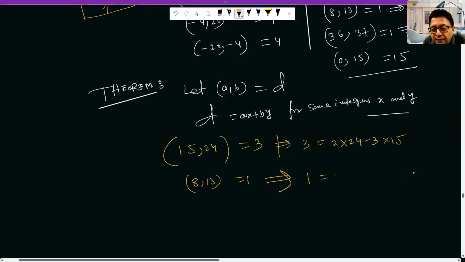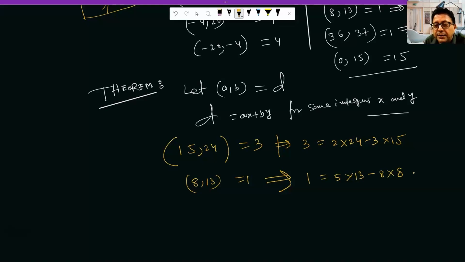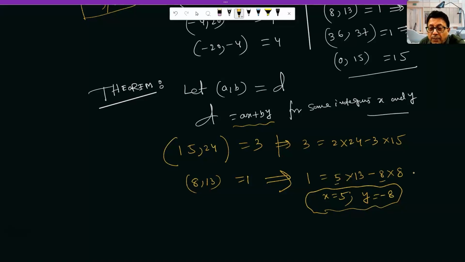We write 5 into 13 minus 8 into 8, with X and Y as 5 and minus 8 respectively. What is the value of X here? X is 5 and Y is minus 8. Got it?